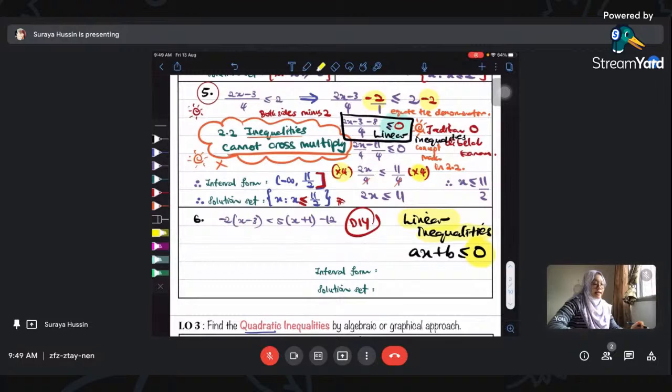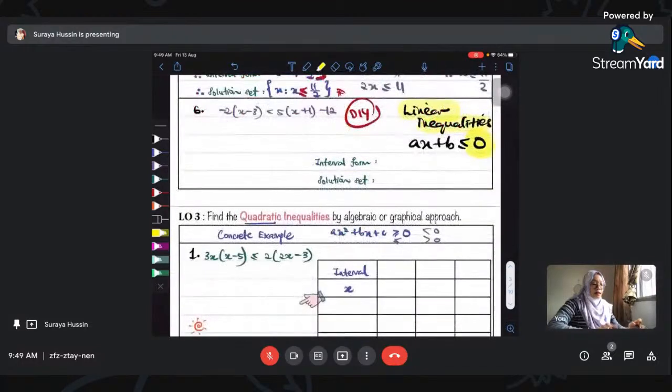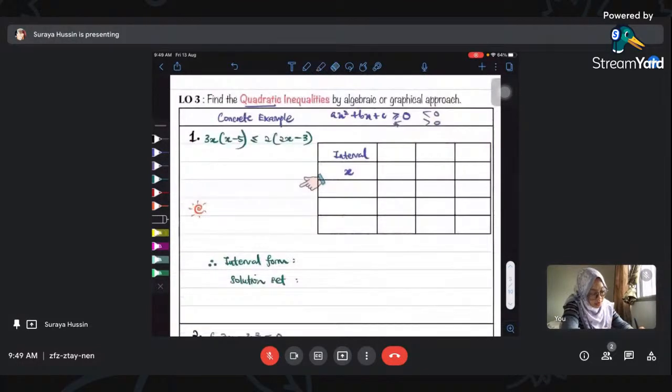So sama jugalah dengan quadratic inequality. You will encounter a lot of something is equal to 0. I mean more than equal to 0 ataupun less than or equal to 0 ataupun more than equal to 0. So ada 4 jenis inequality lah kan.